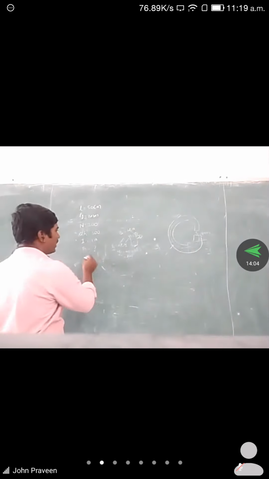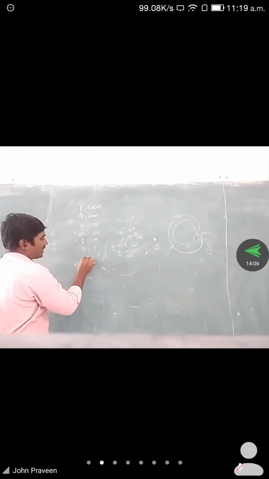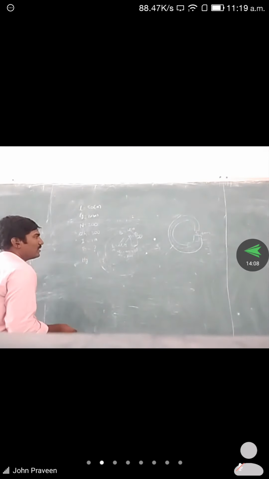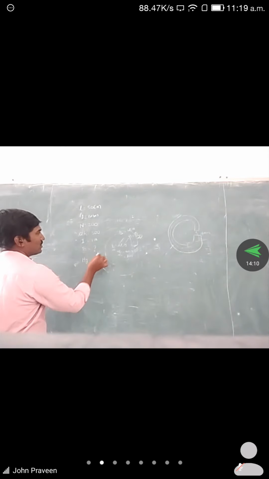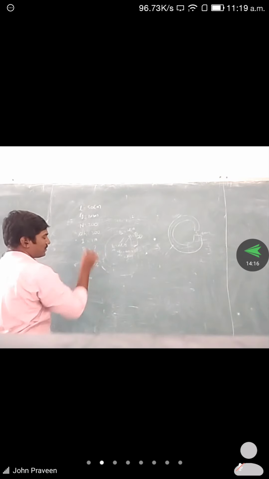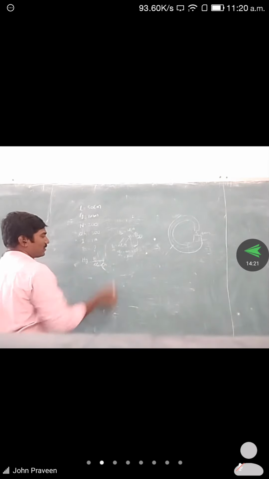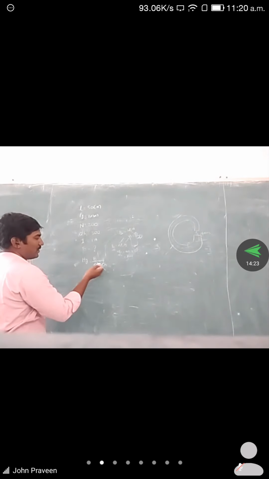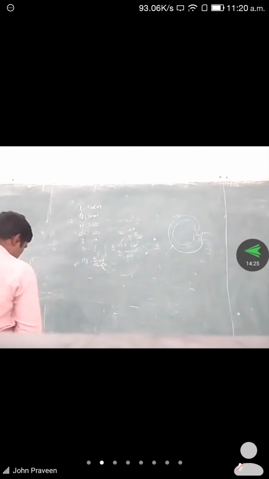So we are assuming the air gap field strength is Hg. Hg is equal to the formula B by mu naught into mu r. Already we know the values of those things.